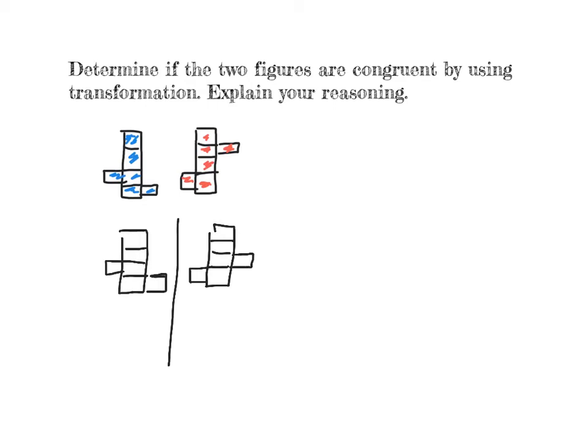My first move was that I flipped it, or I used my reflection. Now I'm looking to see, okay, can I just translate it? Can I move this figure up onto my second image, and will it match up perfectly?